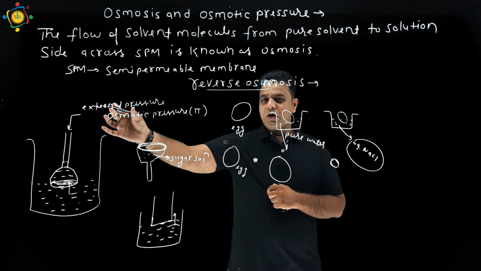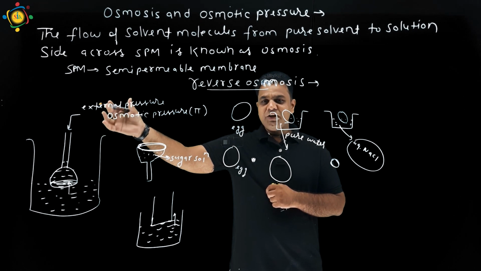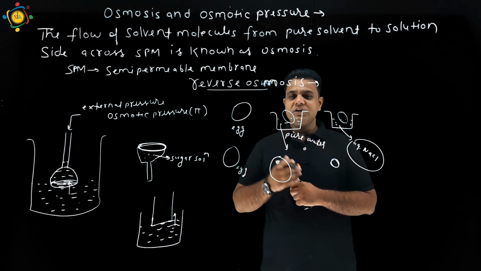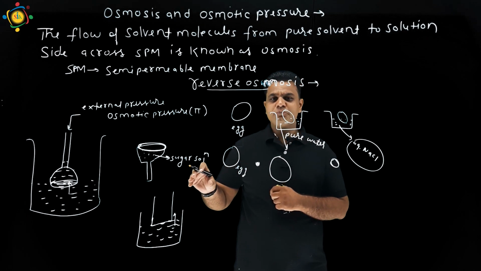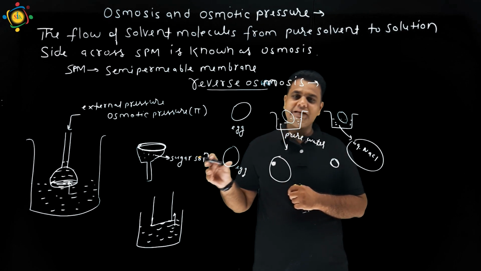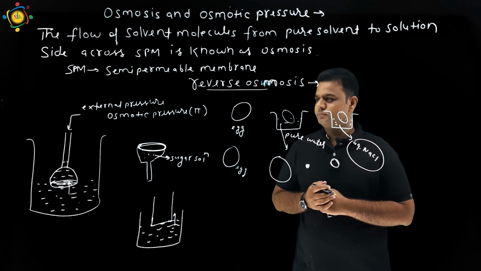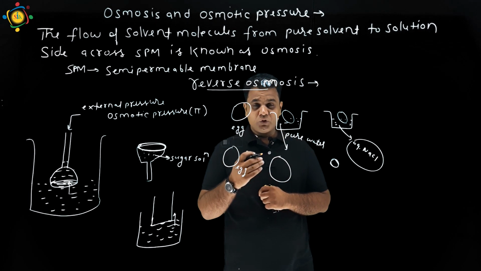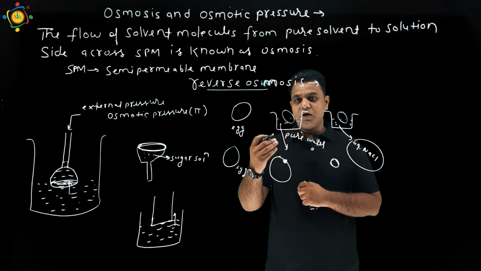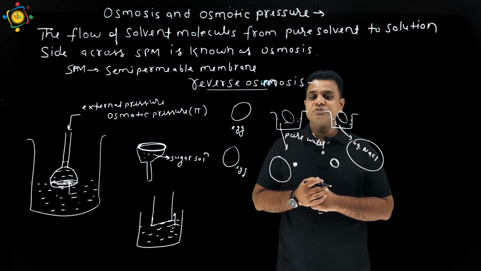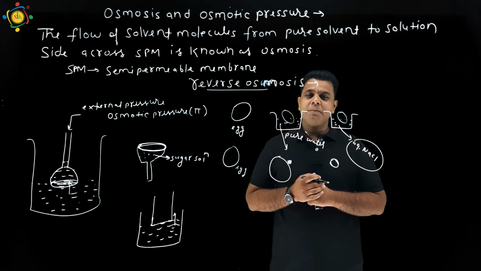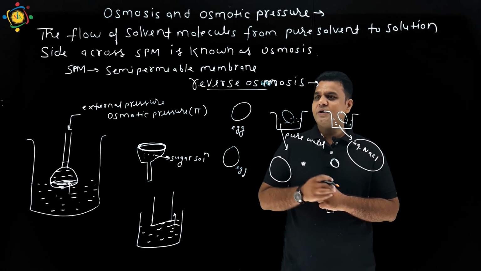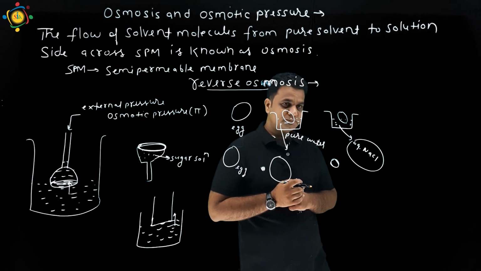When the external pressure applied on the solution side is greater than the osmotic pressure, then the osmosis process becomes reverse, and that is known as reverse osmosis. So students, the reverse osmosis technique is used for the purification of seawater, or we can say that seawater is made drinkable by using the reverse osmosis technique.